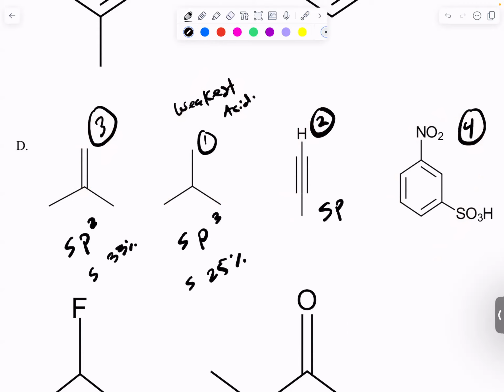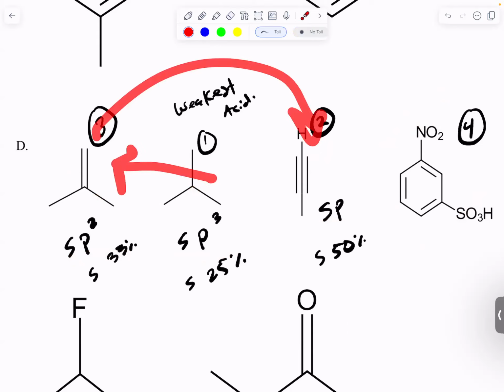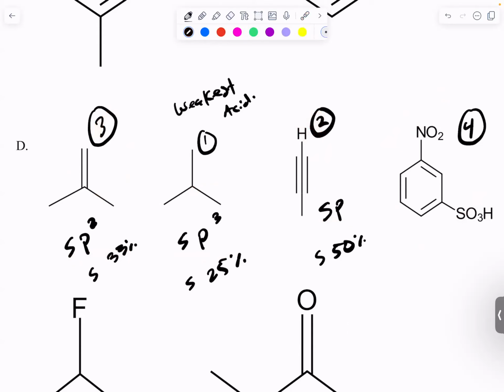And if this is sp, then the s character is going to be upwards of 50%. Although there are multiple trends happening at once, between these three, since this one's an outlier, you can just use one trend, which is s character, to compare the three groups here. Going from here to here to here is increasing s character. So that would have been your rationalization for having number 2 on the left and number 3 on the right.